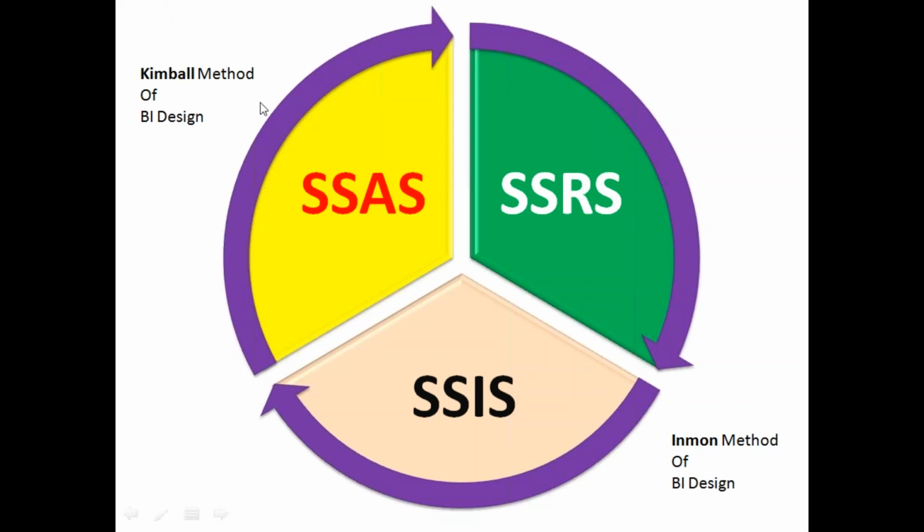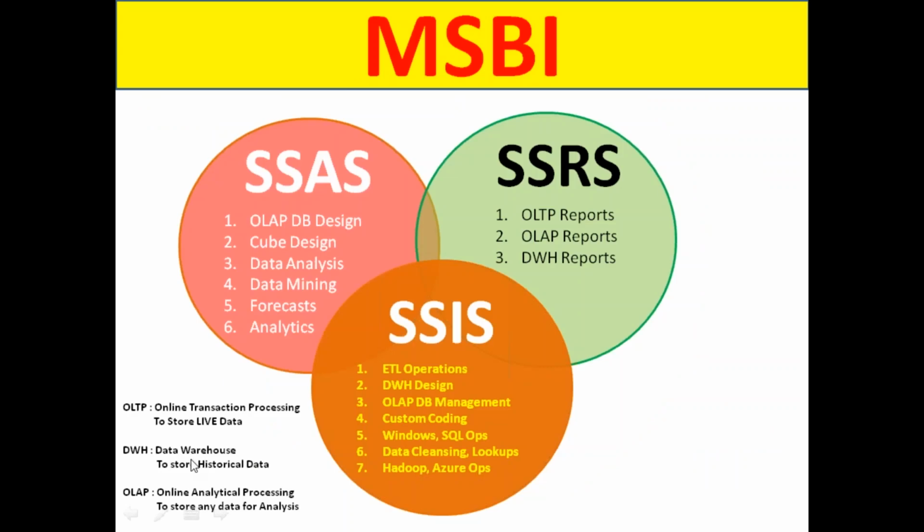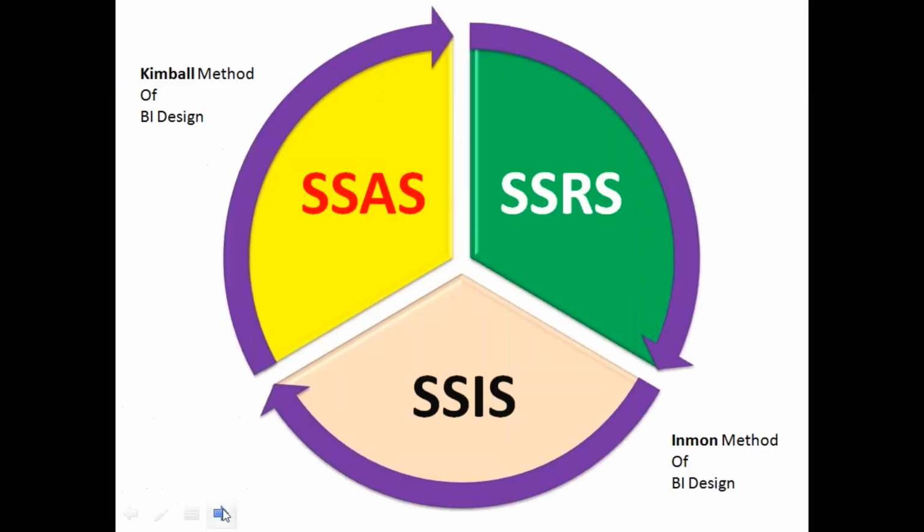With this information, there are two methods in MSBI. For designing the databases, to design the data warehouses and OLAP databases, we have two important methods, Kimball method and Inmon method.